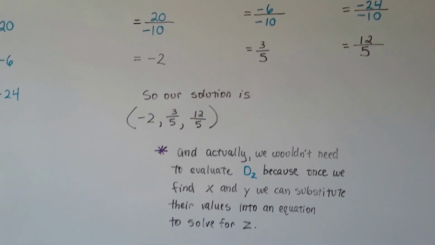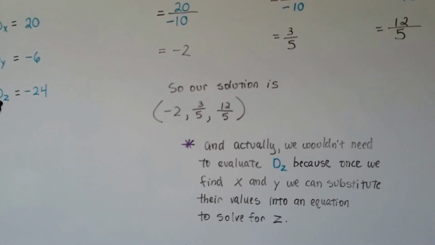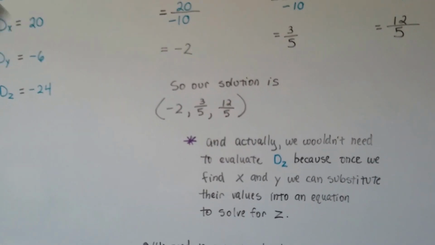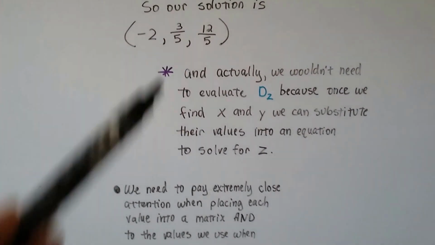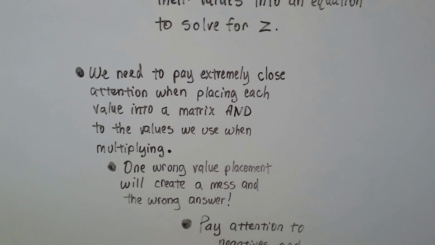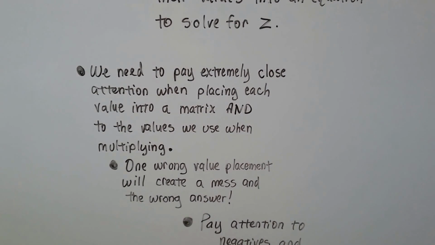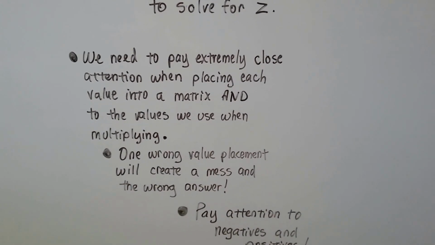And actually, we don't need to do that d sub z, because once we find the x and the y, we can substitute their values into an equation to solve for z. See? That's why it had the asterisk. Now, you need to pay extremely close attention when placing each value into that matrix and to the values we use when multiplying.